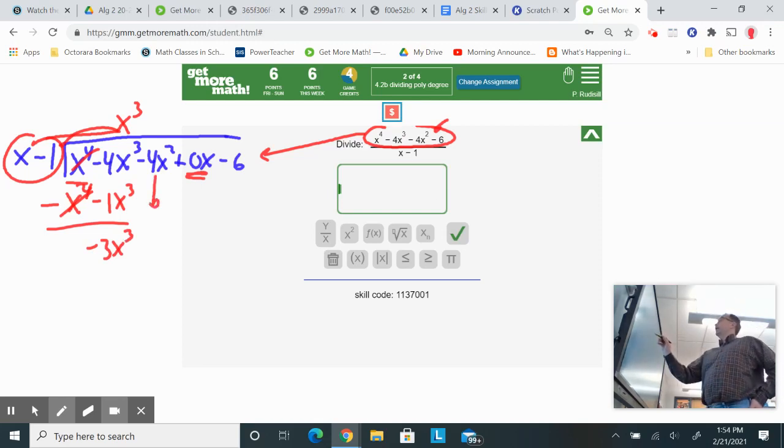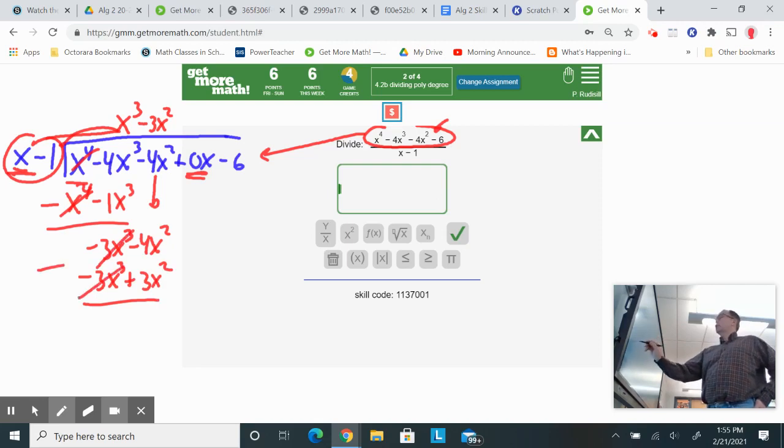Okay, now bring down the x squared term. Okay, x times negative 3x squared. Yes, so I need negative 3x squared. Times the x gives me negative 3x cubed. And then times negative 1 is just plus 3x squared.